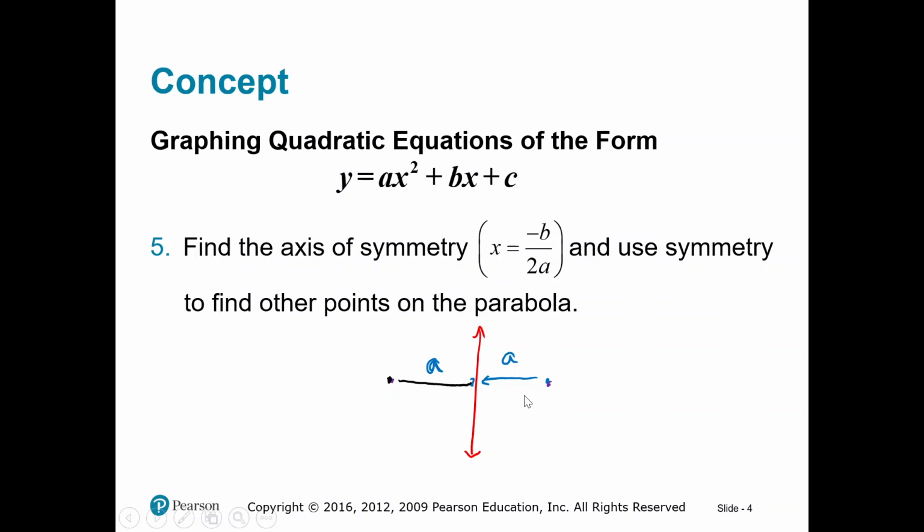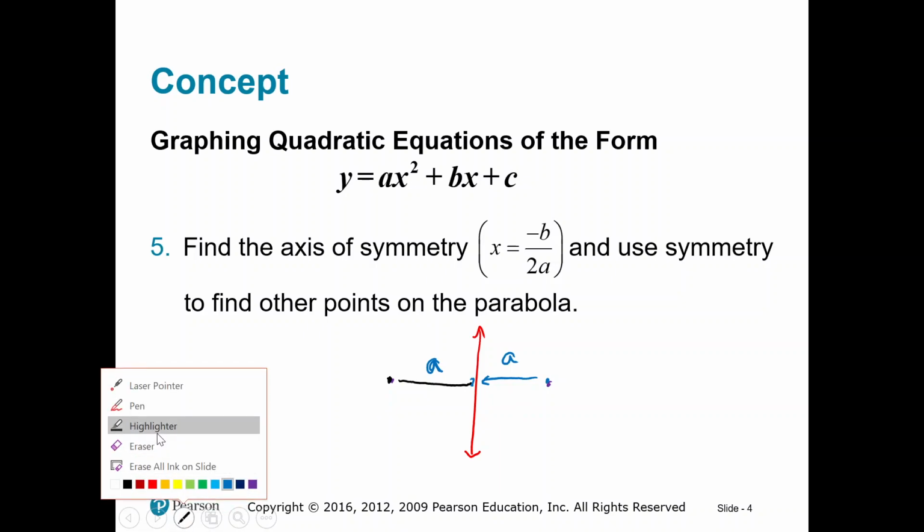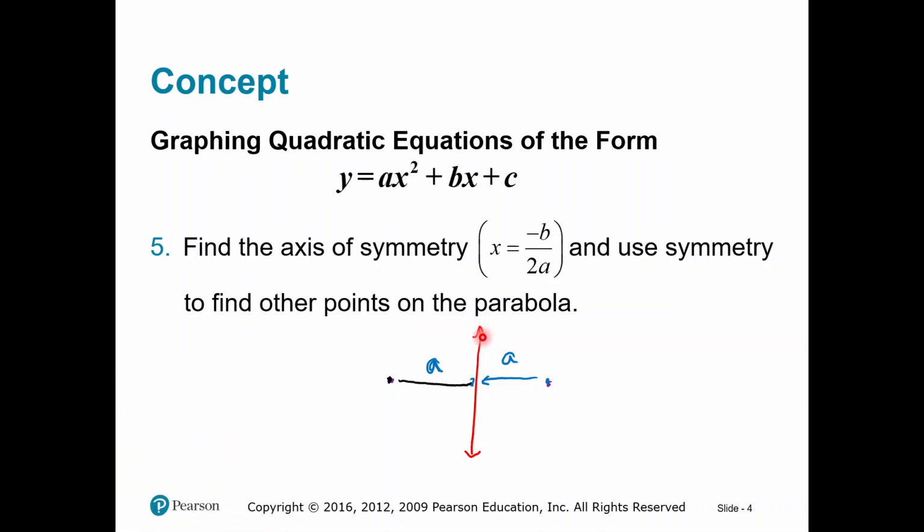So if I have a point on the left side and I have a line of symmetry, then I can find the other point by counting my units, how far the point is from the line of symmetry.